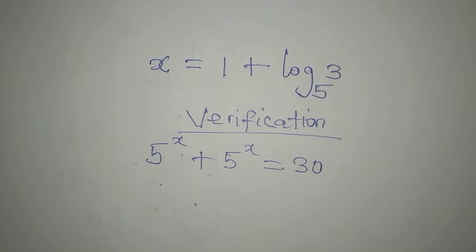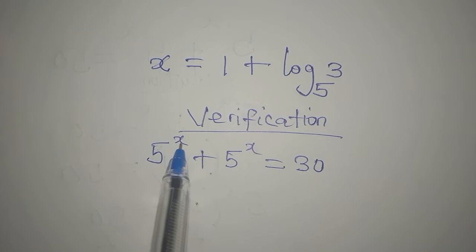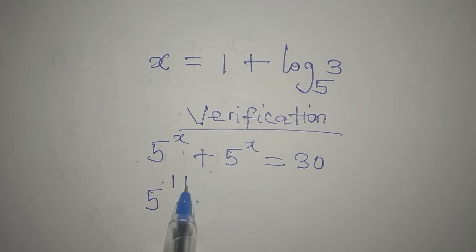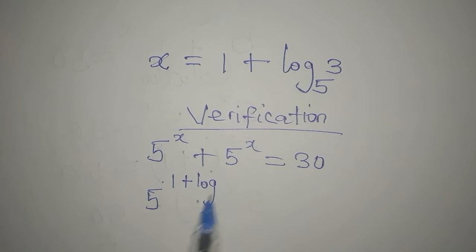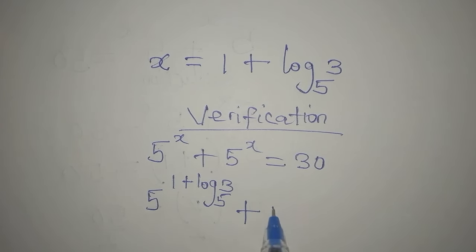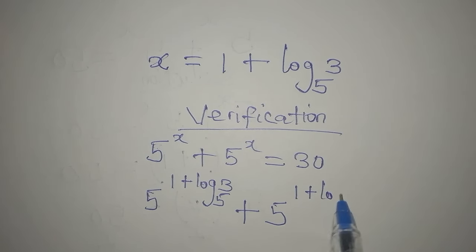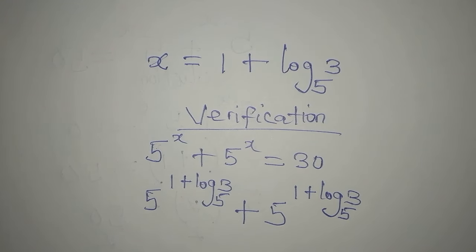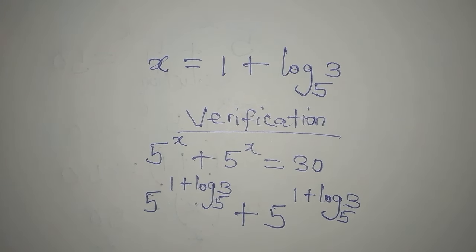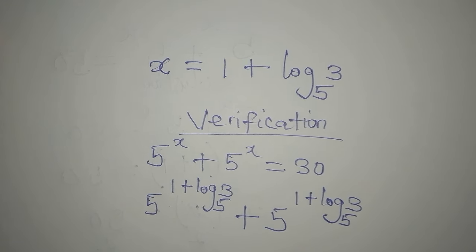Now, if you put the value of x into this, we have 5 to the power of 1 plus log 3 to base 5, then plus 5 to the power of 1 plus log 3 to base 5. Okay, so if we add this, are we going to have 30? If we do not have 30, then we are wrong.